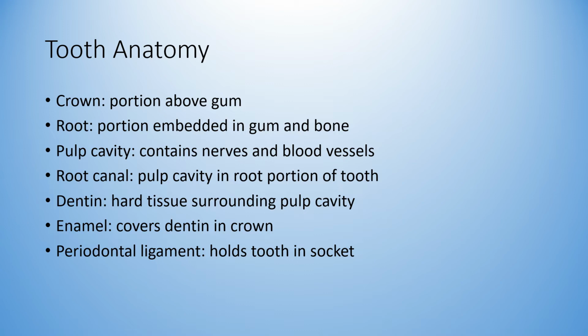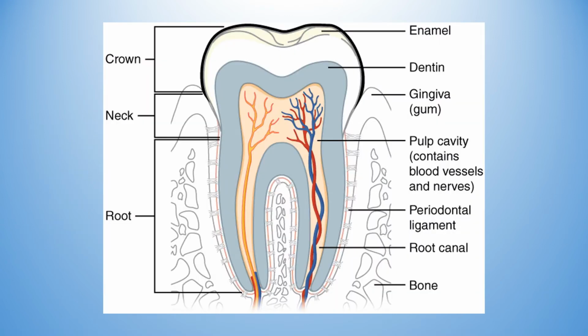Surrounding the pulp cavity, you have a hard tissue called the dentin, and then surrounding that is the enamel that's on the crown, or the portion above the gum. And then the tooth is held in that socket, in that joint, by the periodontal ligament. And so this is just showing a diagram of all of these various components of the tooth.